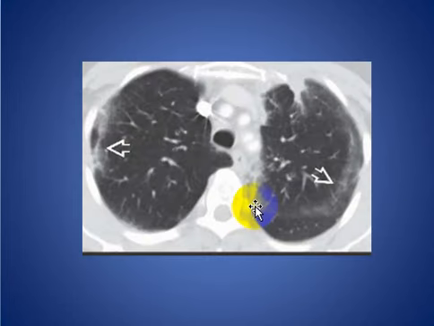Here, axial contrast enhanced CT scan of a patient with peripheral bands of areas of consolidation and ground glass opacities in a patient with chronic eosinophilic pneumonia. Blood eosinophilia, respiratory symptoms, resolution with corticosteroid therapy.